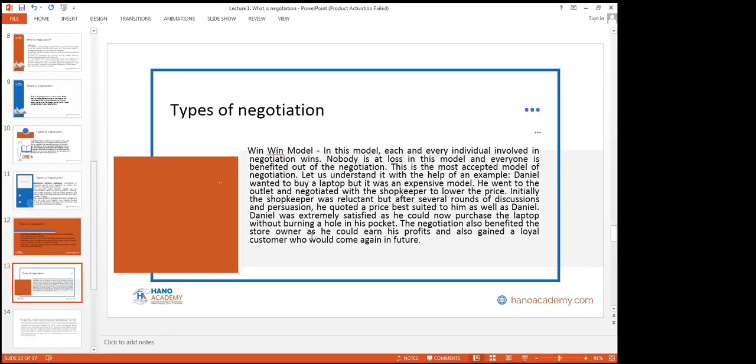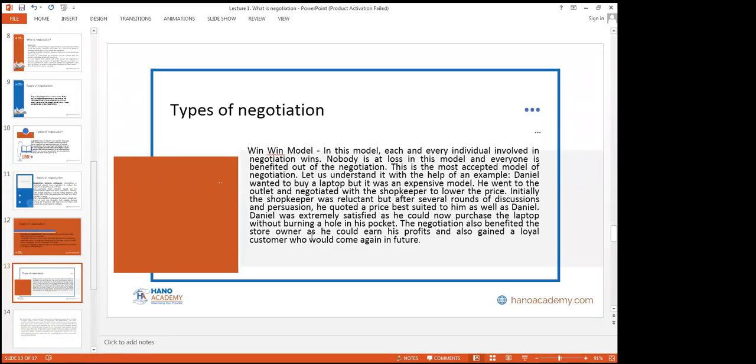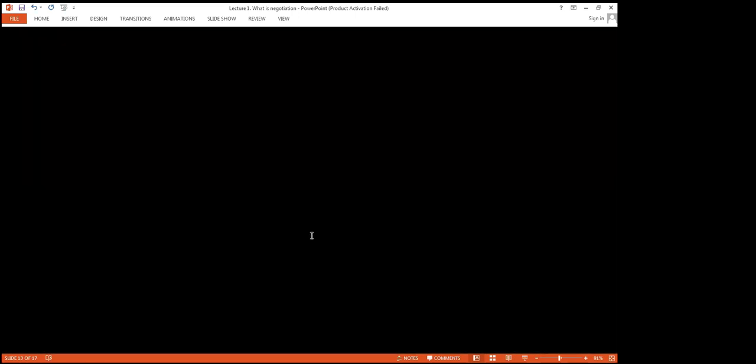Let's understand this model with the aid of an example. Daniel wanted to buy a laptop, but it was an expensive model. He went to the outlet and negotiated with the shopkeeper to lower the price.